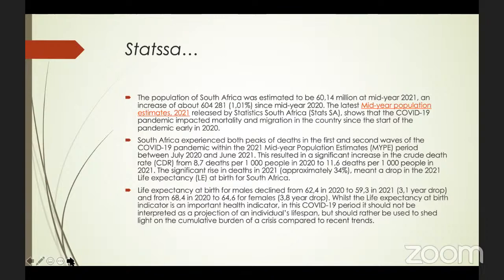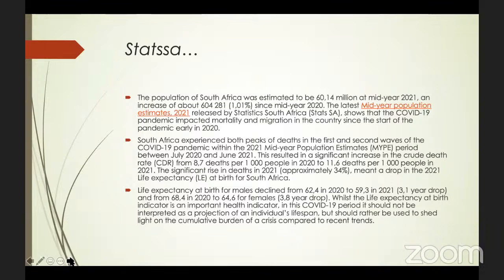The latest mid-year population estimates in 2021 released by Stats SA show that the COVID-19 pandemic impacted mortality and migration in the country since the start of the pandemic early in 2020. South Africa experienced both peaks of deaths in the first and second waves of the COVID-19 pandemic within the 2021 mid-year population estimates period between July 2020 and June 2021.